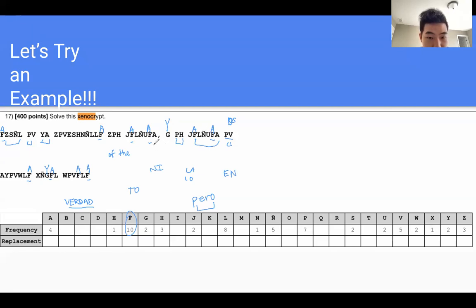Okay, this word is the same as this word. Okay, PH and ZPH both happen, which is why we got the L and del thing.